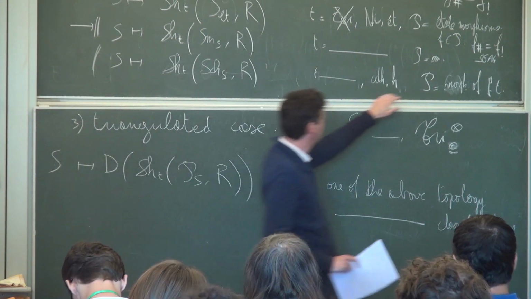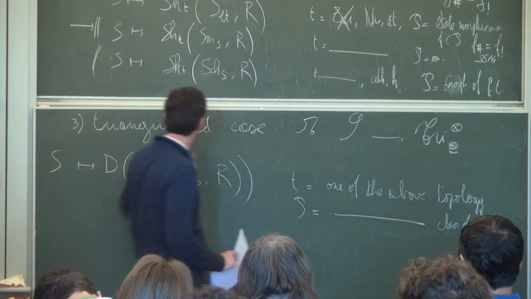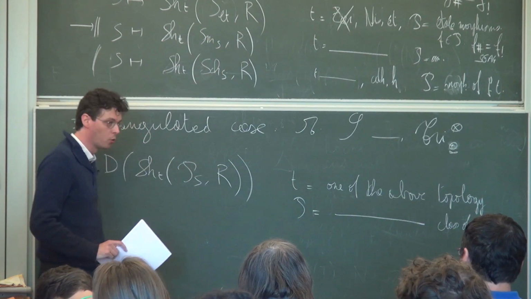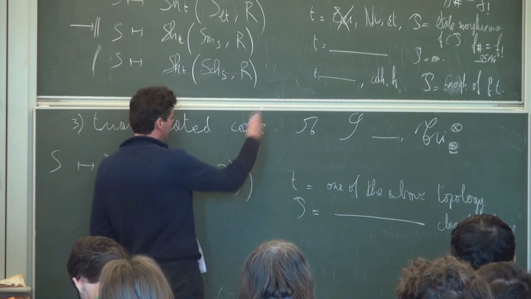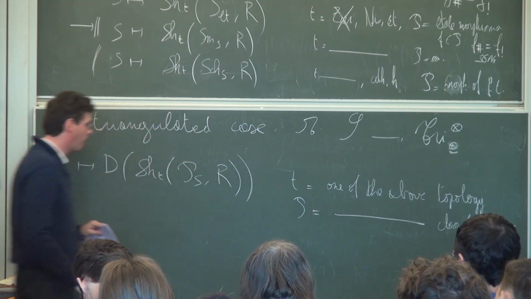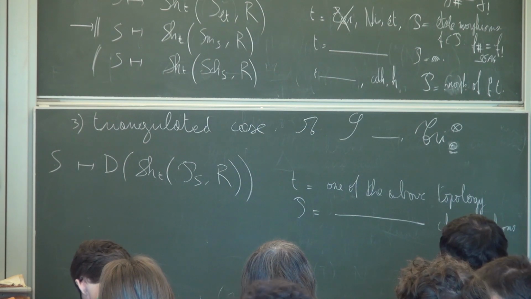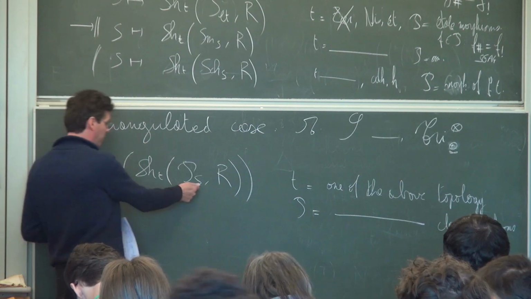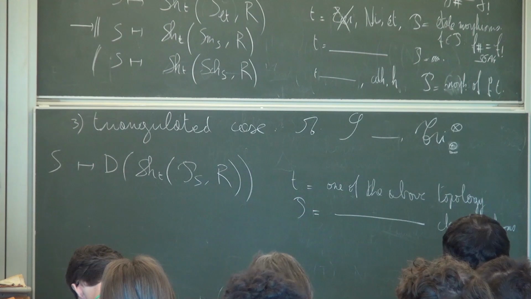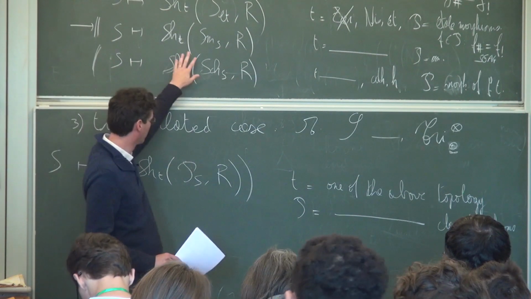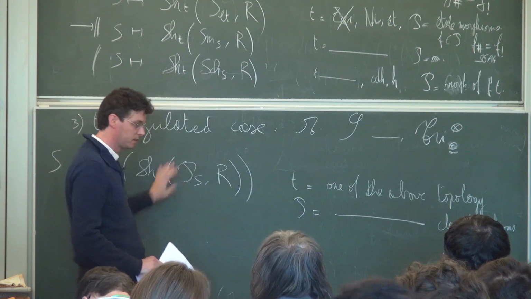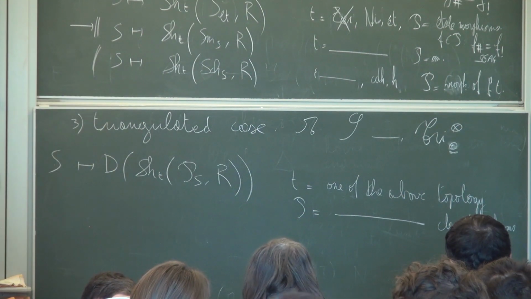In the case of SGA4, we use the small site here, so these categories are already well behaved. In the case of SGA4, you need to take R to be a torsion ring with torsion primes invertible in the base scheme S. In the motivic category, you won't have gluing at this time, and you need the localization and so on.